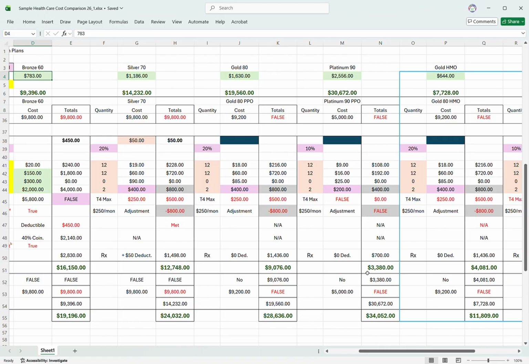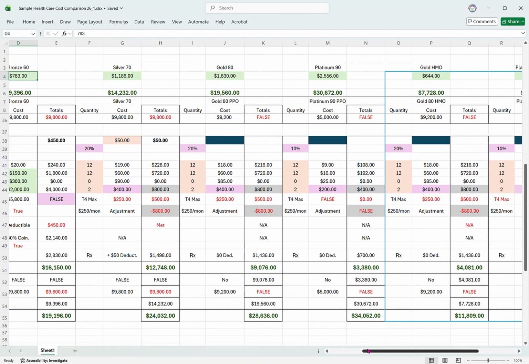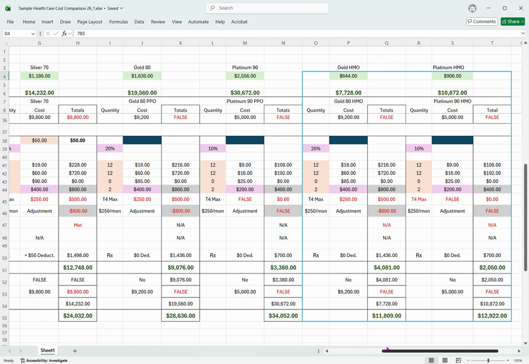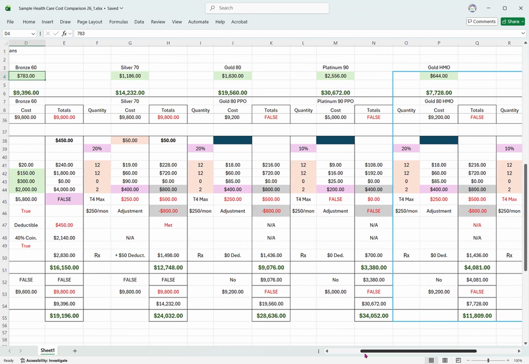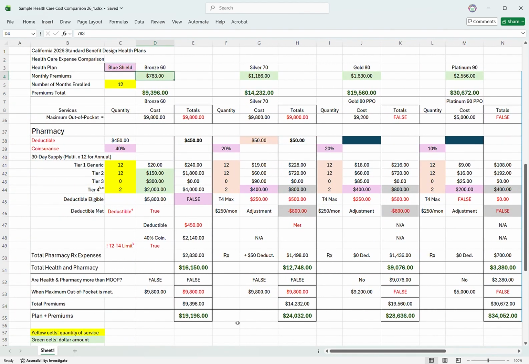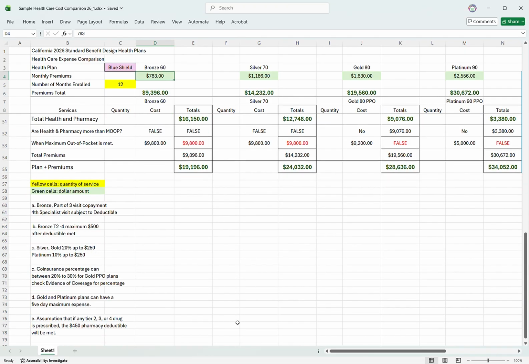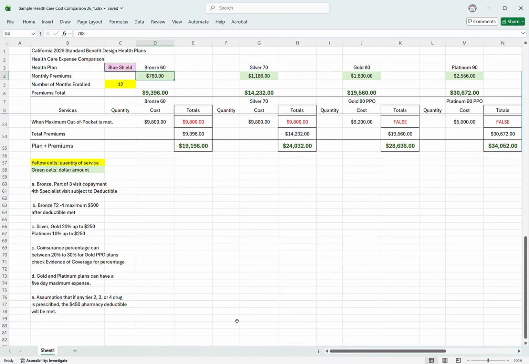Similar with the platinum plan, total healthcare and drug expenses are under the maximum out-of-pocket amount of $5,000. And then you can go across and see, and then kind of get a feel for the overall cost of these plans. And there are a few notes down below about how the assumptions are made.